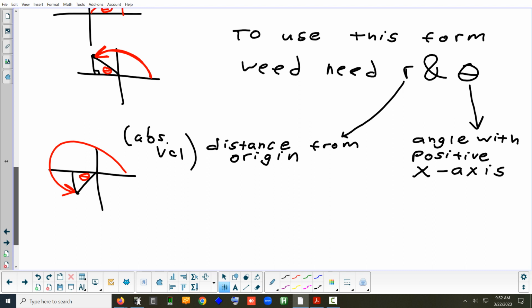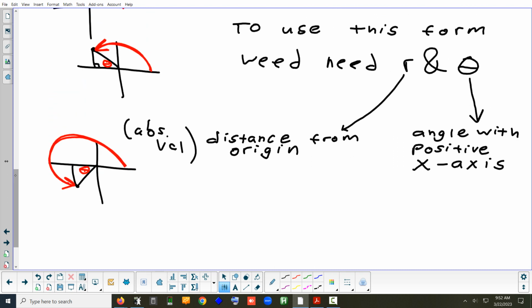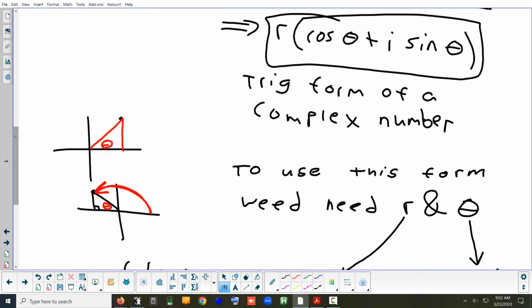Like if I knew this angle right here was 20, then I would say, well, it's halfway around plus 20 more. So it's 200. Question on that formula, or what the r and the theta represent?